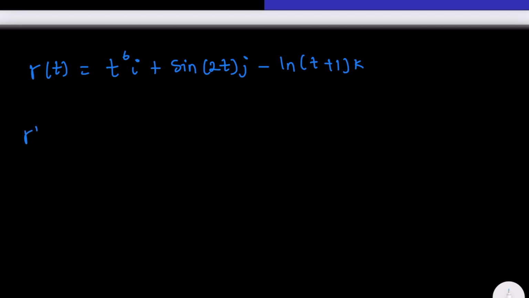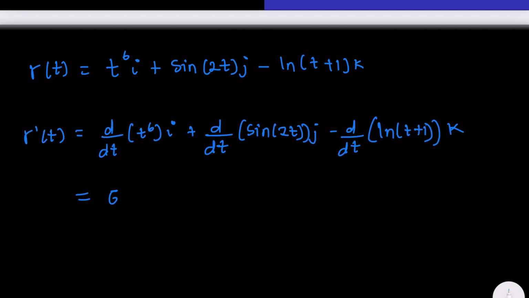So we are going to have r prime of t given as 6t^5 i, plus, with the j component we use the chain rule, so we are going to have 2 cosine of 2t j, then minus 1 over t plus 1 k.